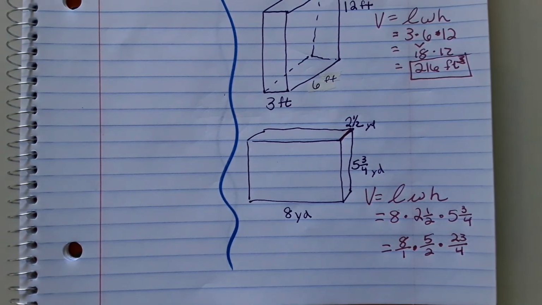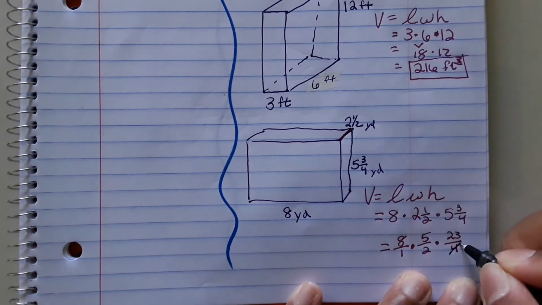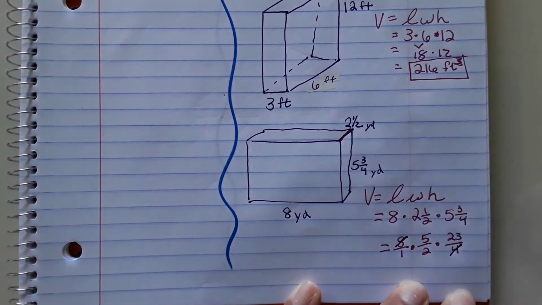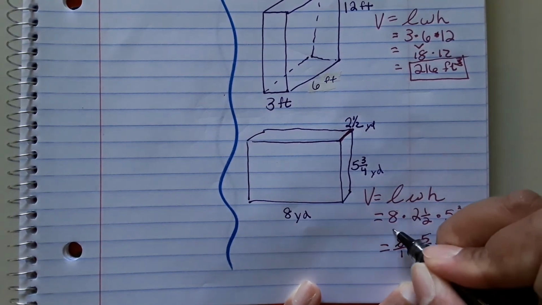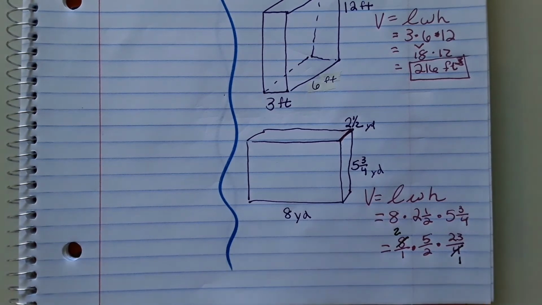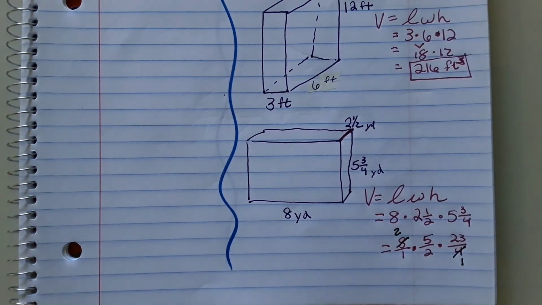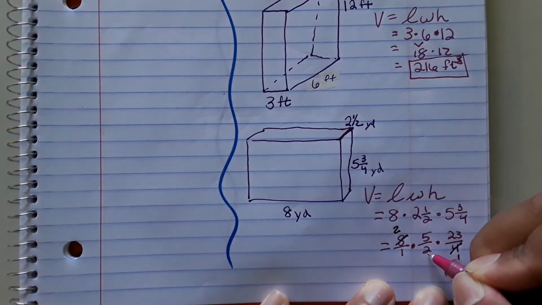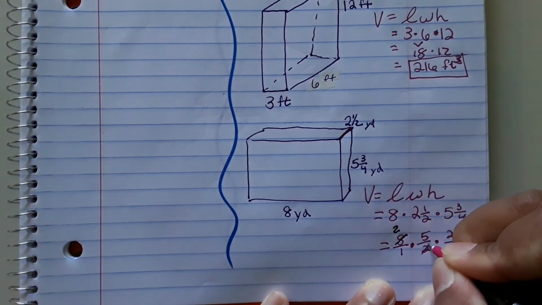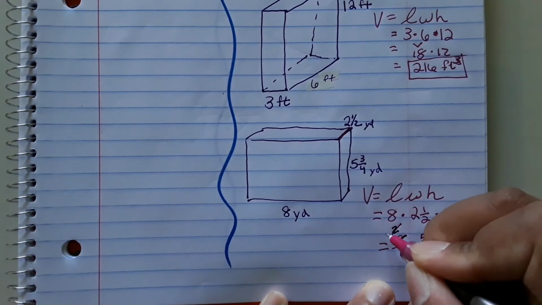All right, I like to, of course, look for common factors to take out. And I know that 4 and 8 have a common factor of 4. So 4 divided by 4 leaves me with 1. 8 divided by 4 leaves me with 2. And then continuing this process, I see 2's that we can match up together here in the denominator and the numerator. So 2 divided by 2 is 1. 2 divided by 2 is 1.